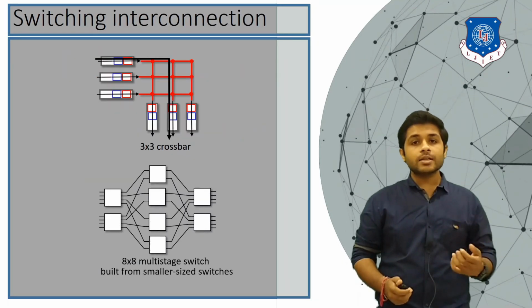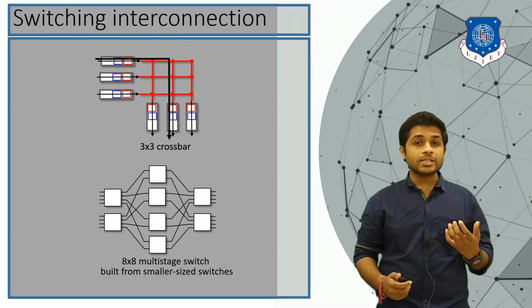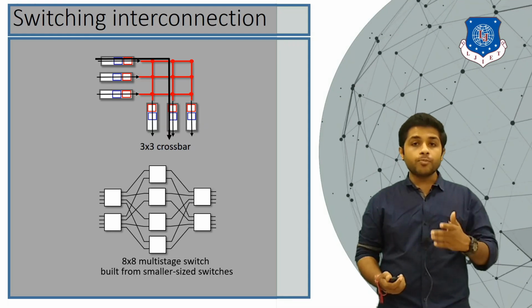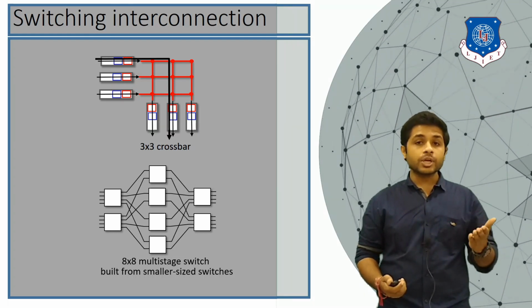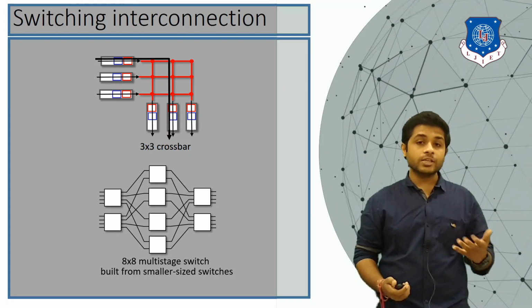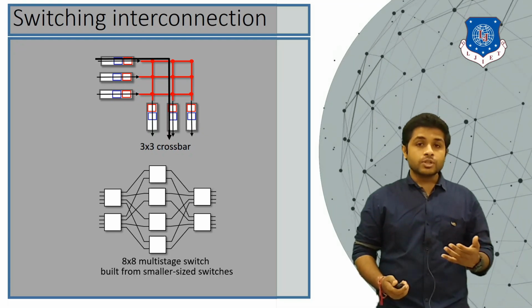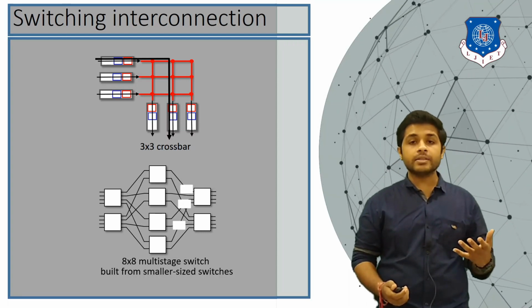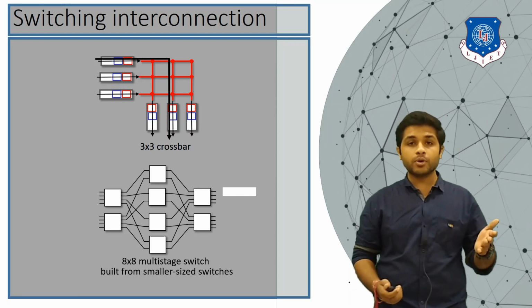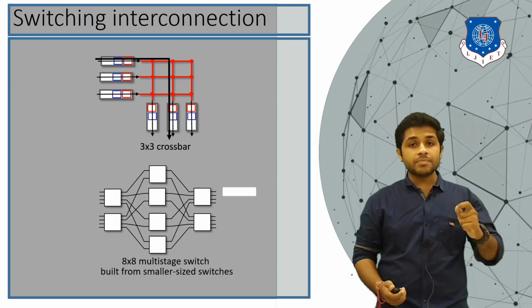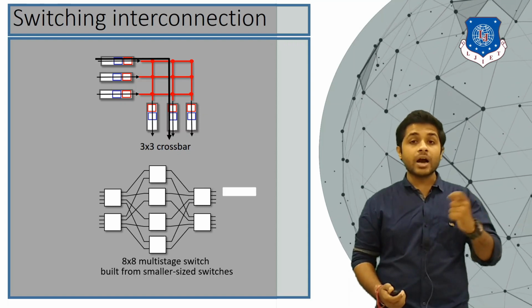Now let's see the switching using the interconnection. Now you can see that the input and the output ports are connected using a 3x3 crossbar or an 8x8 multi-stage switch. So when packets are received, they will be divided and transferred from the input port to the output port. So there is a dedicated line between each input and output port.